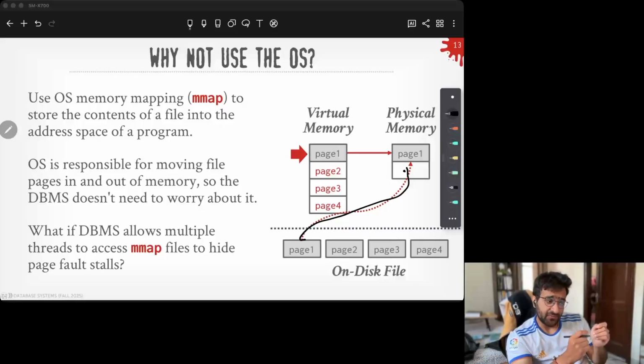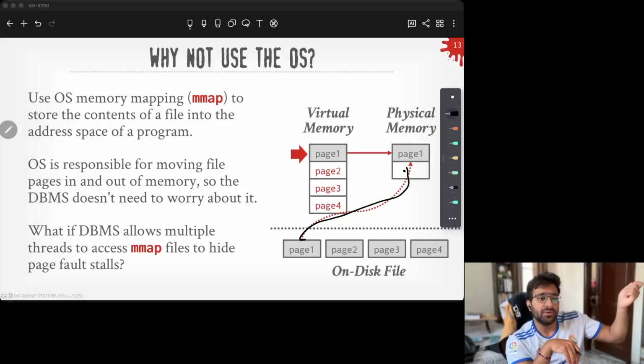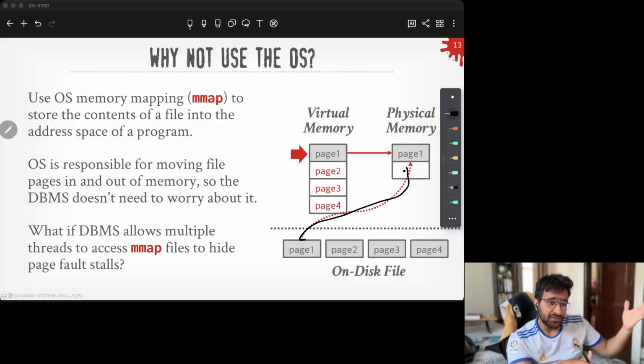When I bring pages into memory, I also change the virtual mappings and then give control back to the original thread that's requesting. So the OS does all this work without telling the thread, and the thread just assumes it's doing valuable work, but under the hood, it's just wasting CPU cycles.